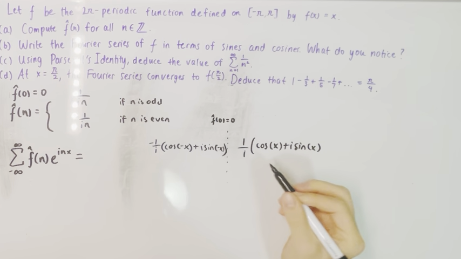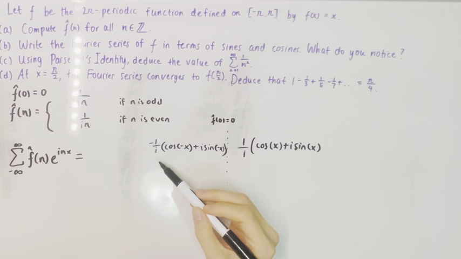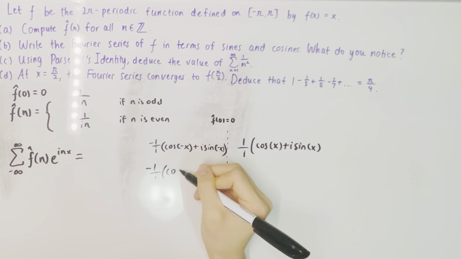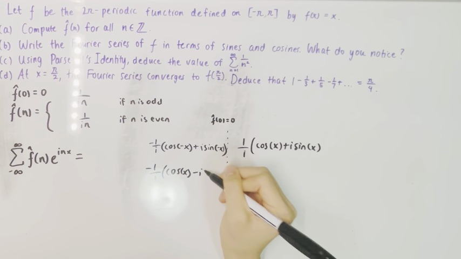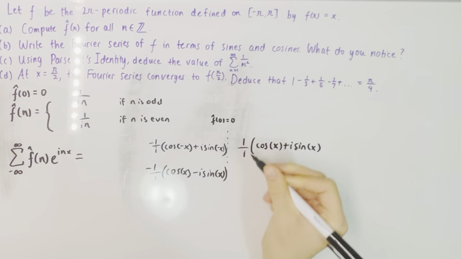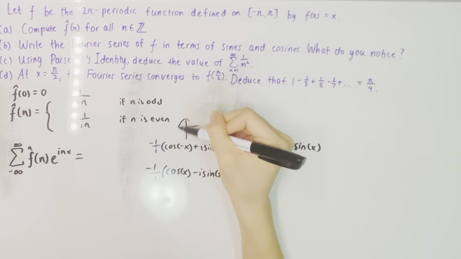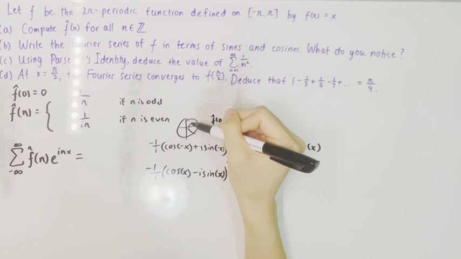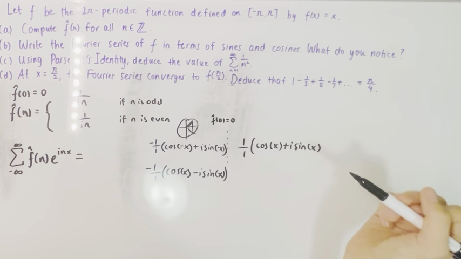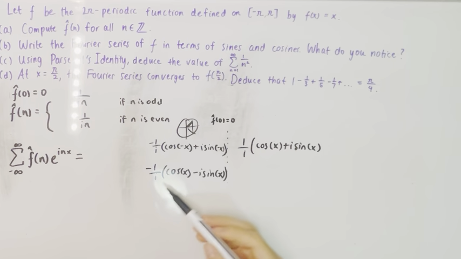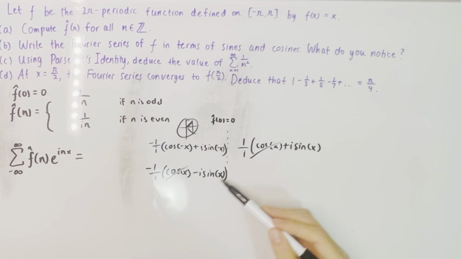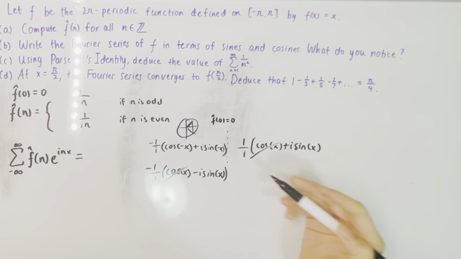All right, and notice that we can rewrite this by simple unit circle observations, right? So cosine negative theta is equal to cosine theta, and sine negative theta is equal to negative sine theta. Notice that we can conveniently cancel these terms, but our sines will actually add.